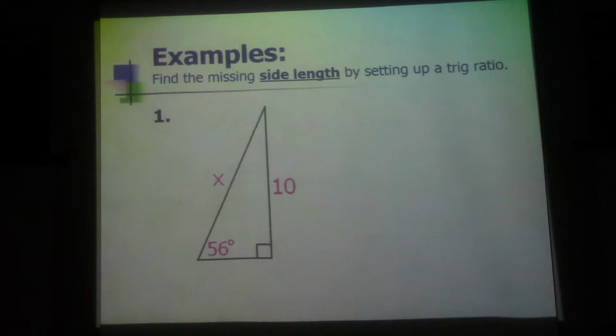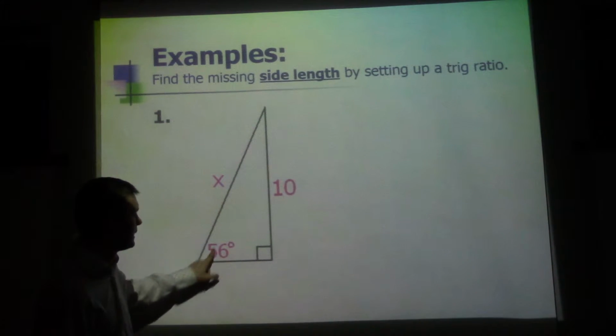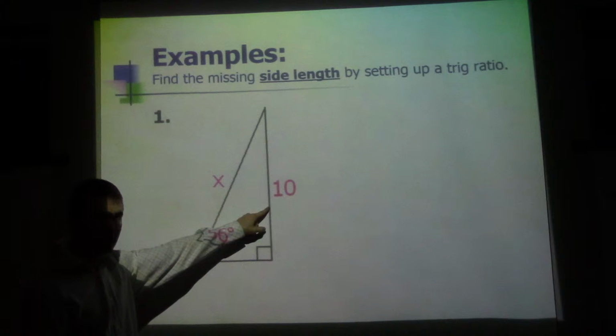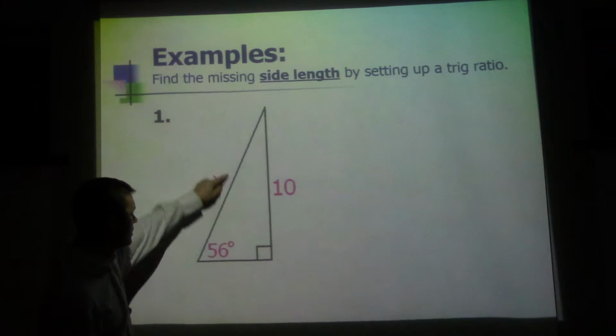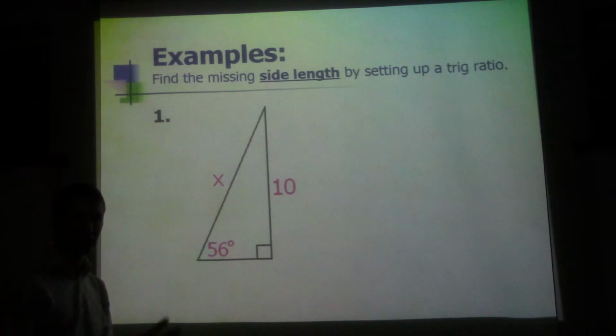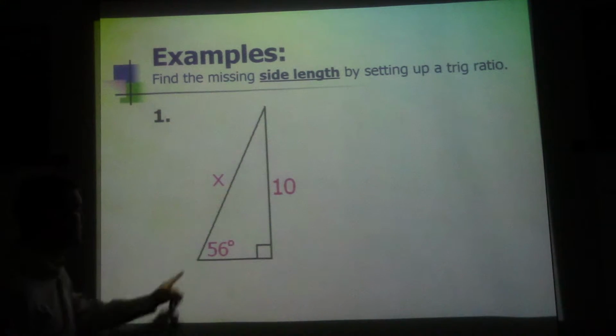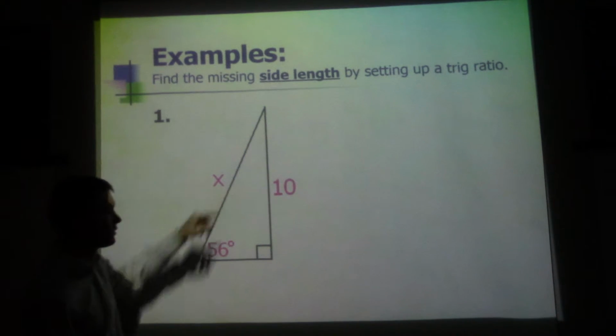So now we're going to find the length of a side using sine, cosine, or tangent. We have to look at our angle. From angle 56, this side 10 is what, and this side x is what. We know x is the hypotenuse, so it's opposite the right angle. If we're using the hypotenuse, we'll use either sine or cosine. Side 10 is opposite, so opposite over hypotenuse would be sine.